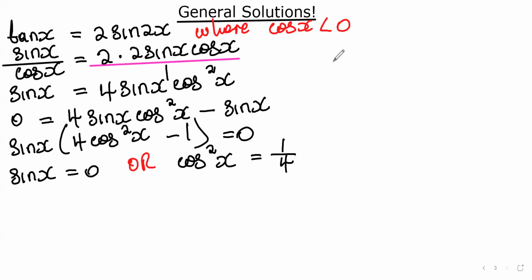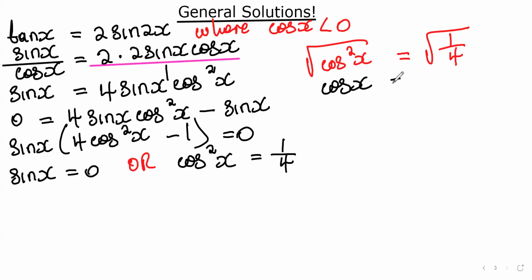If you find the square root on both sides, then the square root of cos squared x is going to be cos x. But now what about the square root of a quarter? Well, we are simply going to get cosine x, which is equal to plus or minus 1 over 2.